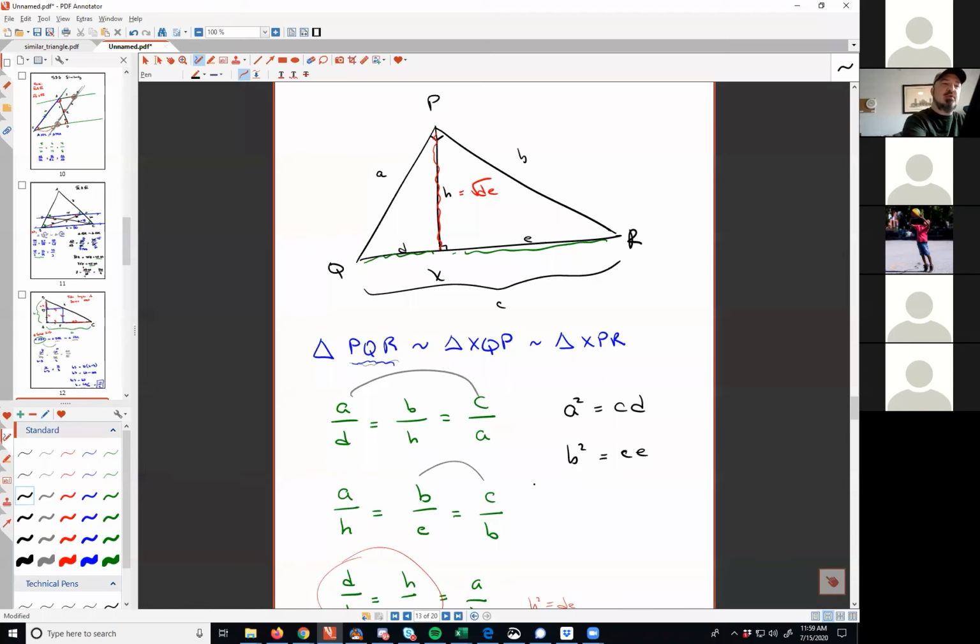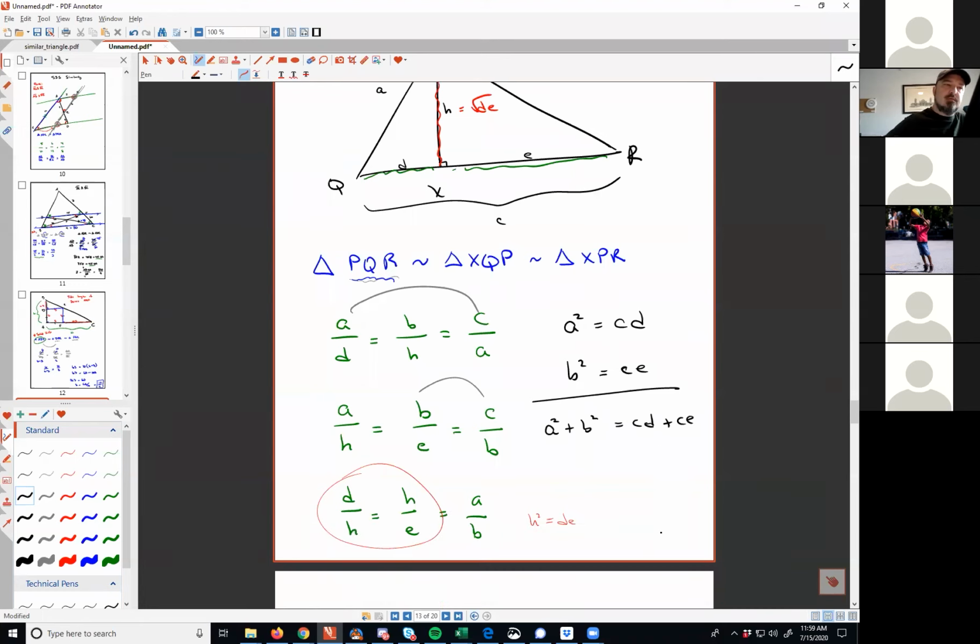If we take these two equations and we add them, we get A squared plus B squared equals CD plus CE. And we can factor out a C, and we get D plus E. What did we just do?